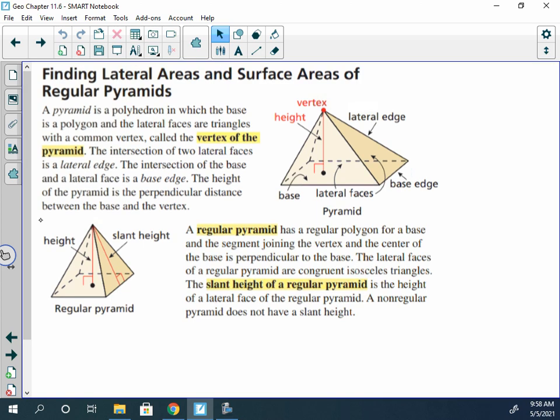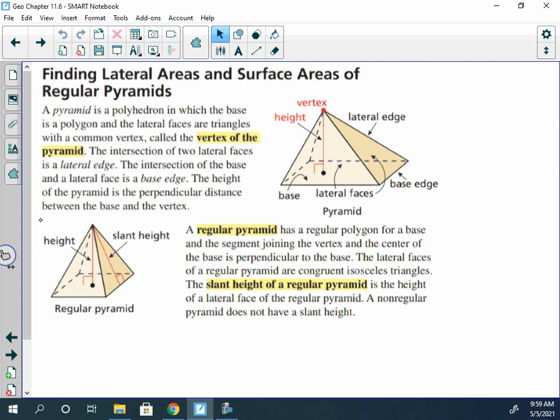Now there are some different parts of a pyramid. We have the base, the bottom of it, which is really defining what the pyramid is. Most of the time when we talk about pyramids, we think of a square or rectangular pyramid, because the ones built in Egypt are square pyramids, since the base is a square. It has a height, which is a straight line going from the vertex straight down to the base and makes a right angle.